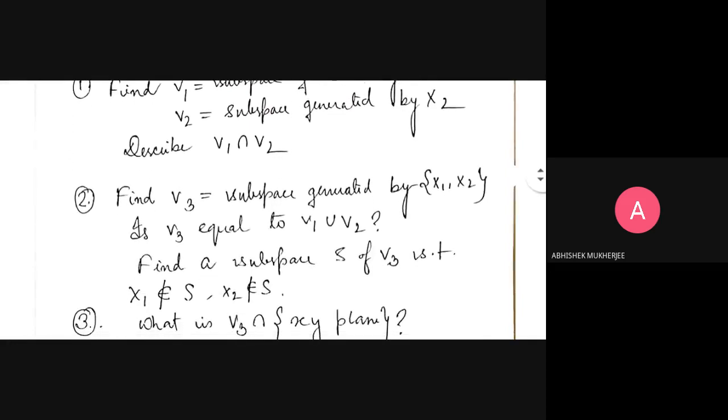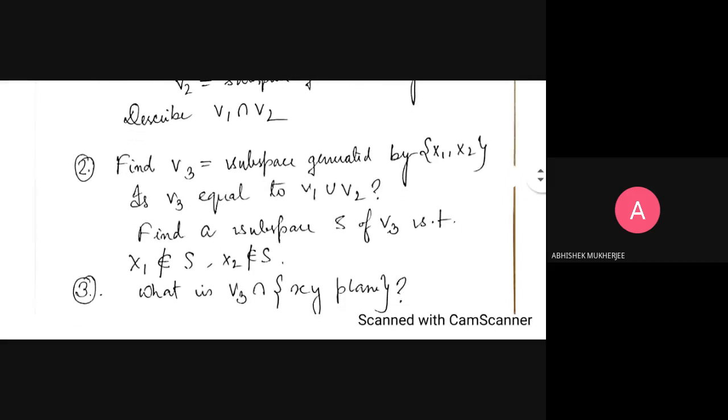The second question is to find V3, the subspace generated by x1 and x2. We have to show whether V3 is equal to V1 union V2 or not equal to V1 union V2. Another question is to find a subspace S of V3 such that x1 does not belong to S and x2 does not belong to S.